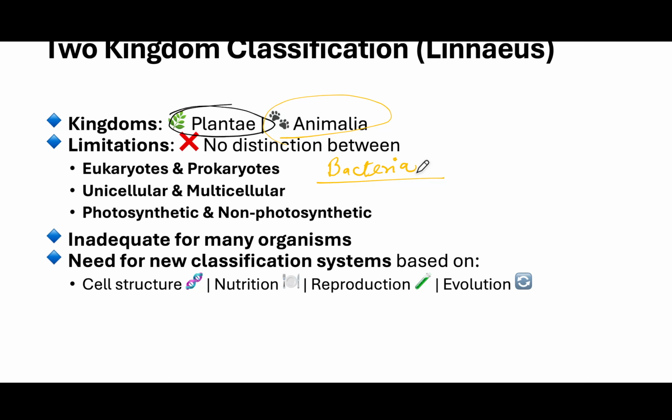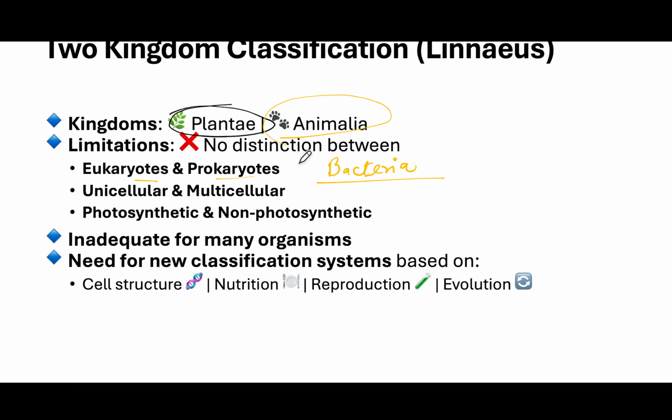This is a limitation of the two kingdom classification system proposed by Linnaeus. The difference between prokaryotic and eukaryotic cells was not considered. Second, whether the cell is unicellular or multicellular was also not considered.